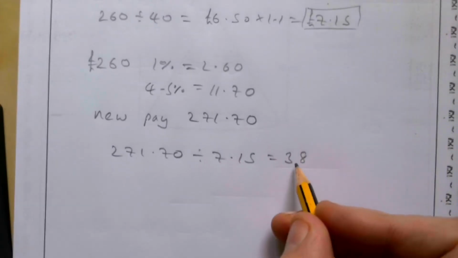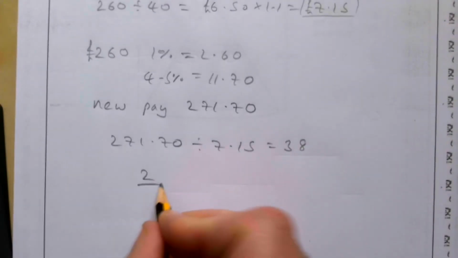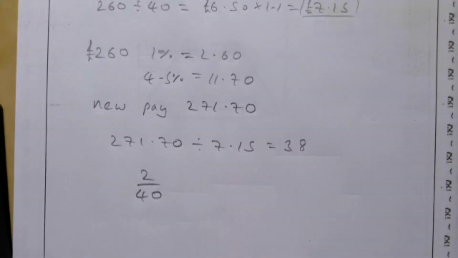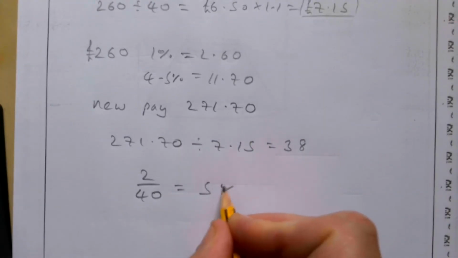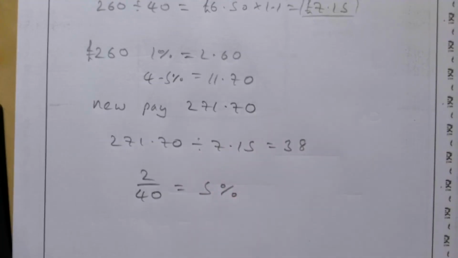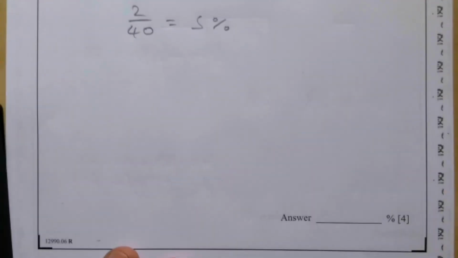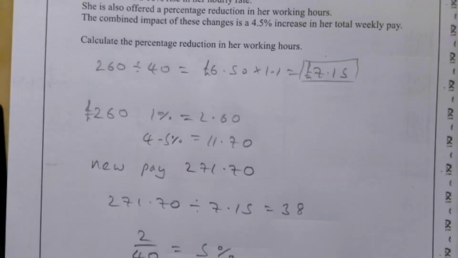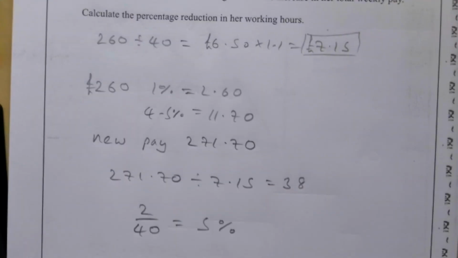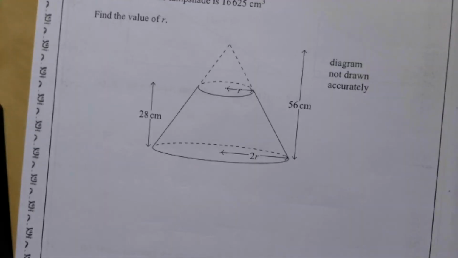She's now working 38 hours a week. So it's 2/40, and 2/40 then is the same as 5%. So it's a reduction then of 5%. Loads of different ways of working that one out, and I think it's quite a confusing question. That's one method for you there.